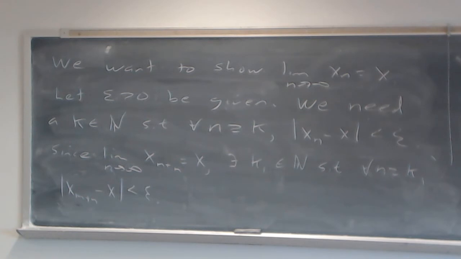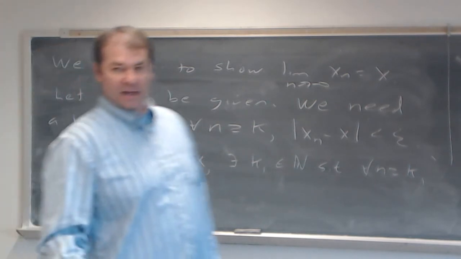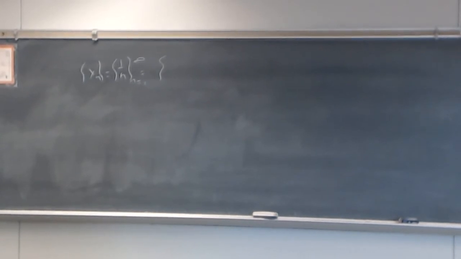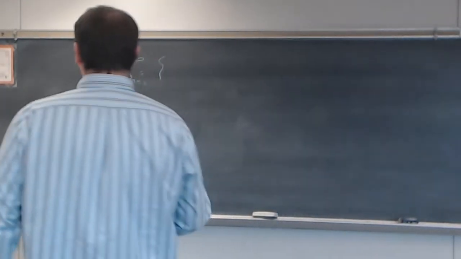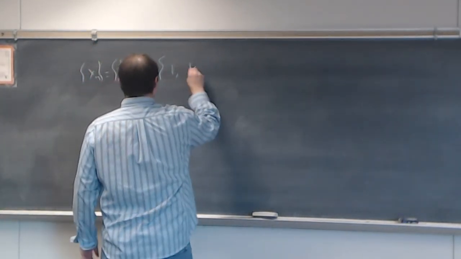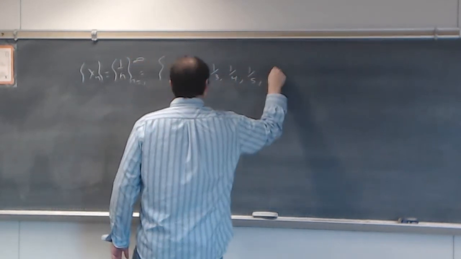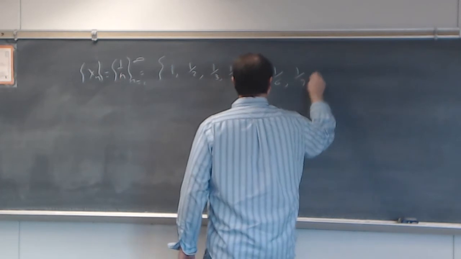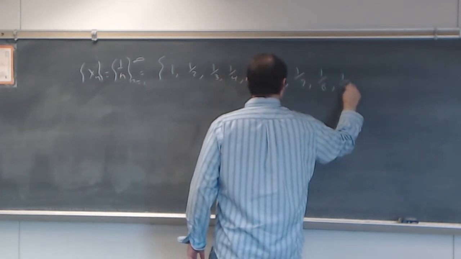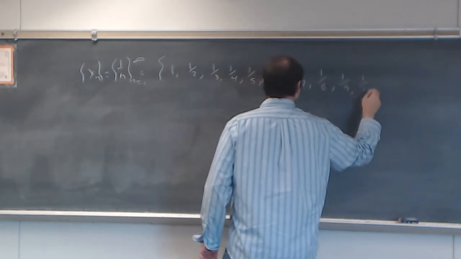I'm going to let this help guide us to try to understand this. So I'm looking at this, which was 1, 1/2, 1/3, 1/4, 1/5, 1/6, 1/7, 1/8, 1/9, 1/10.